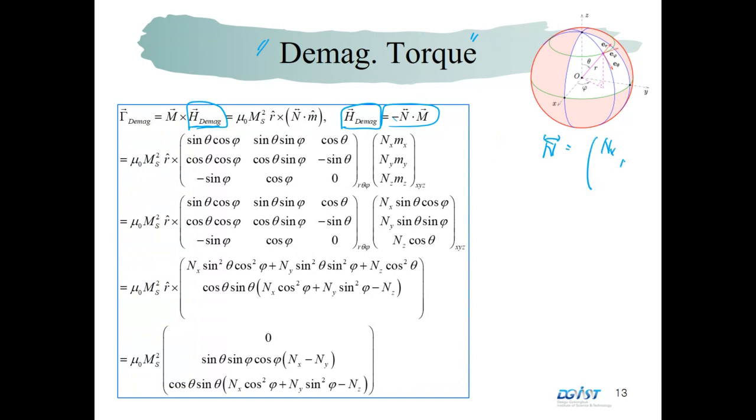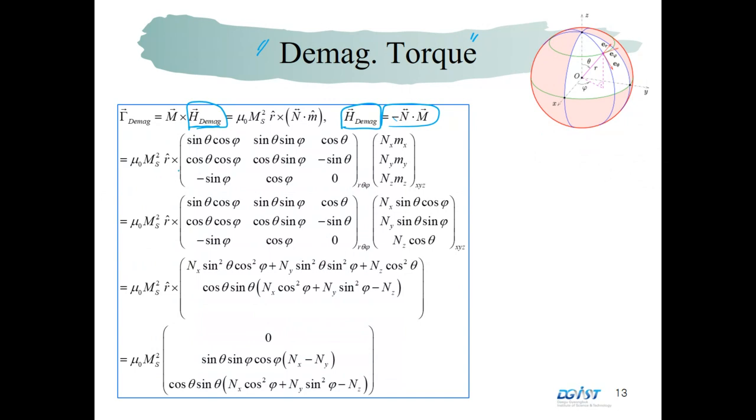Fortunately, if we use the principal axes of the ellipsoid, we have a diagonalized tensor. But generally, they have off-diagonal elements with non-zero values. Anyway, this tensor is defined in the XYZ coordinate system.